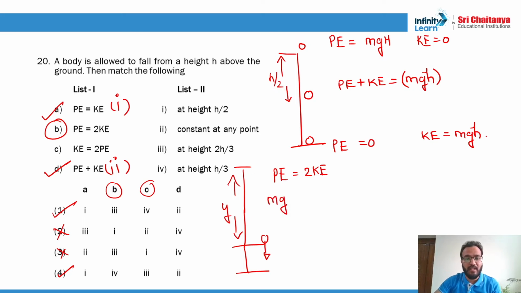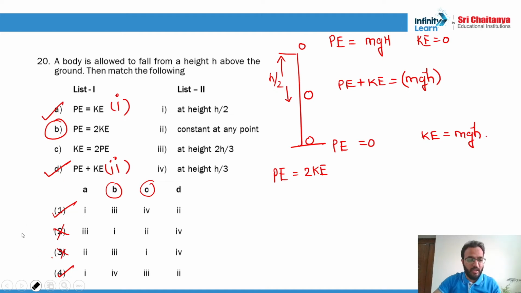You will say, sir, mg into h minus y, where y is the distance it has dropped, right? So what is the height from the ground? It is h minus y. Acha, they want height from the ground only. So let's not use y as the variable. Let's use another variable. Just wait a second.